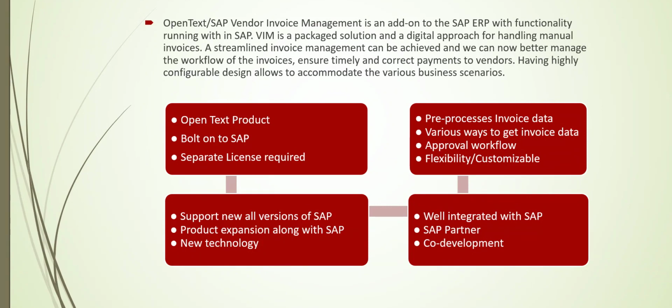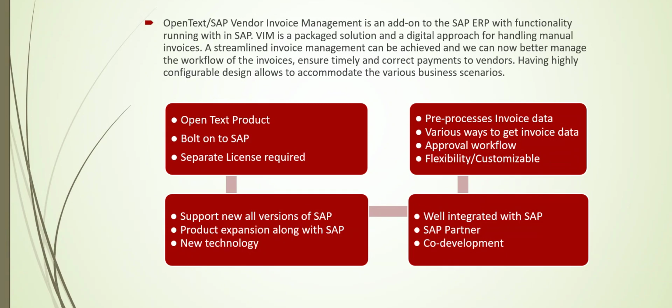We have a Vim product available to support all different versions of SAP. The product expansion is working fine, where the co-development comes into the picture: they are developing together any new feature SAP is planning to bring in, or if any legal requirement is coming and SAP is building some solution, OpenText is also working together, and they are building an overall solution together.